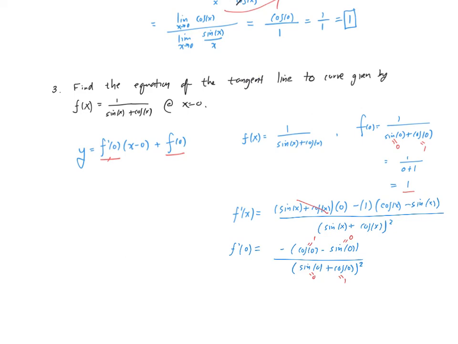So what we end up with in this case is minus 1 over 1 squared, which is minus 1. And that is the second value we needed to determine to have the equation of our tangent line. Therefore, the equation of the desired tangent line will be y is equal to minus 1 times x minus 0 plus 1. And leaving it in this form is certainly okay with me. If you want to take it one quick step further and write this as minus x plus 1, that is also most definitely acceptable.